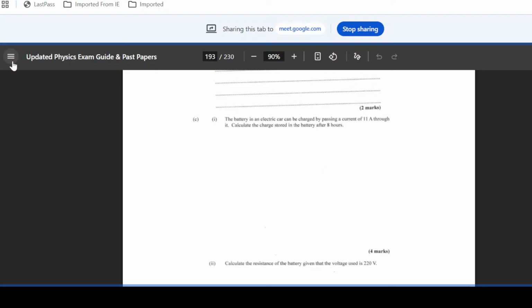V equals IR. So we know the current, so we can transpose. R is going to be, what's going to happen when we transpose that equation? What is R? Resistance.